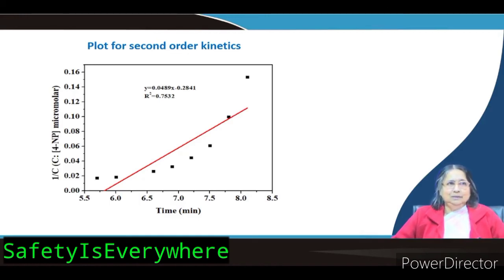This is the main theme for determining the order, and this is the integrated rate law. You have seen that I have used integrated rate law because those plots are these linear plots. I have already explained to you that for integrated rate law, for 0 order C versus T should give linear plot, for first order ln C versus T should give linear plot, and for second order 1 by C versus T should give the linear plot.